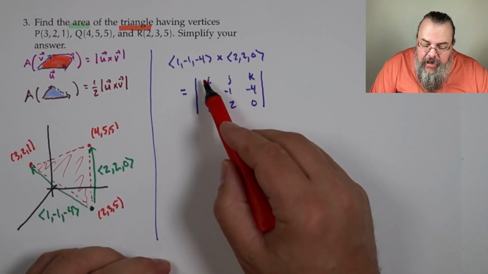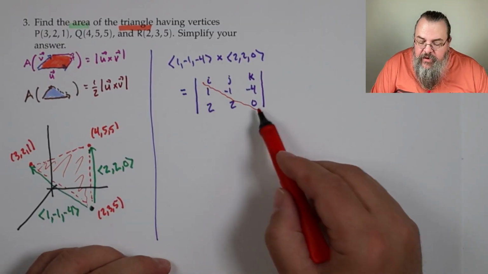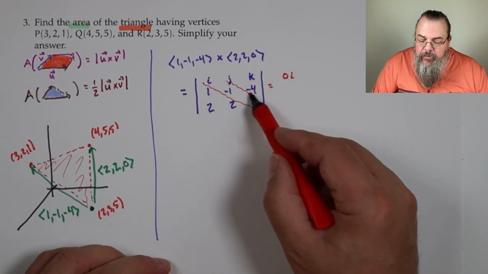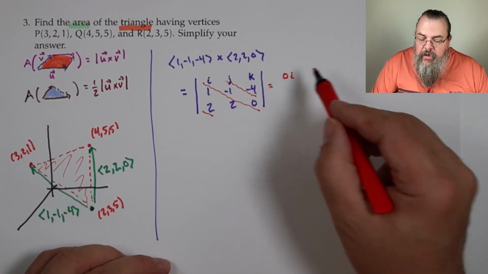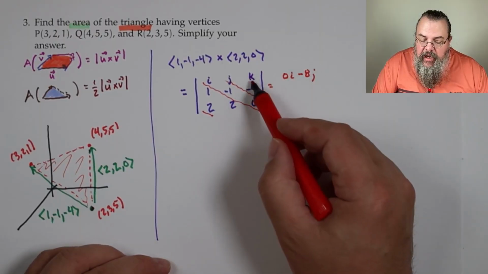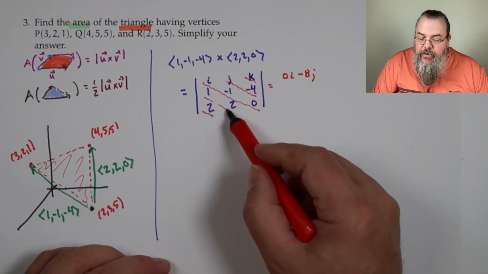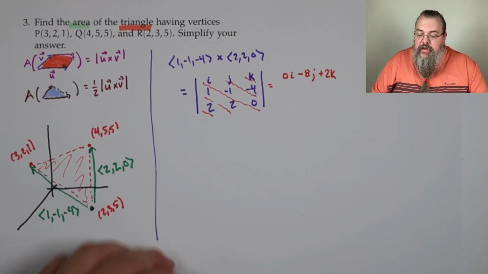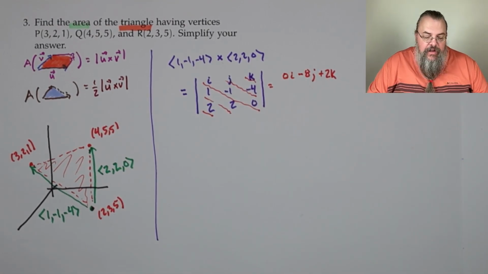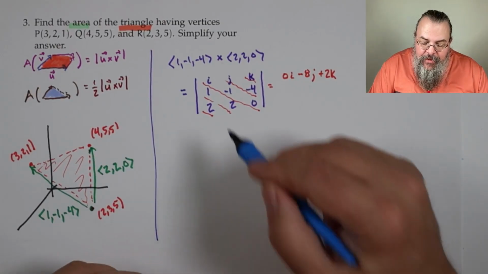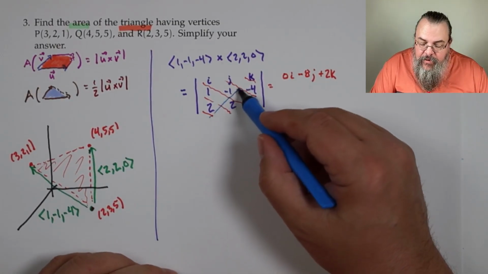So we have i times -1 times 0. That's 0i. j times -4 times 2. That's -8j. k times 1 times 2. That's 2k. All right, that's one set of diagonals. And now we have another set of diagonals. One's going uphill. 2 times -1 times k.